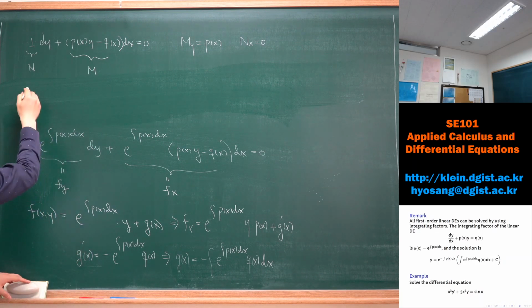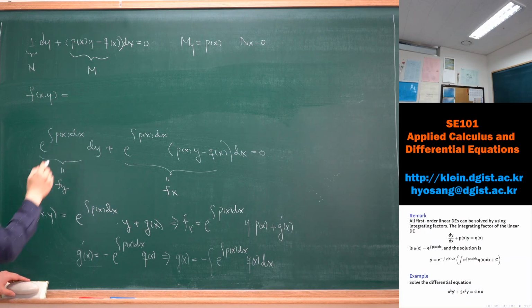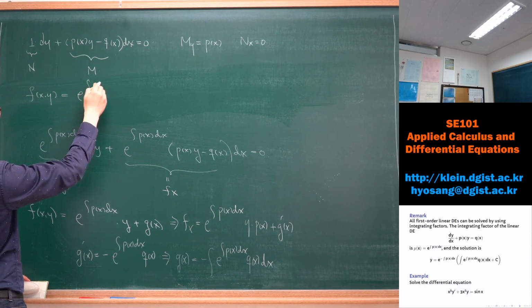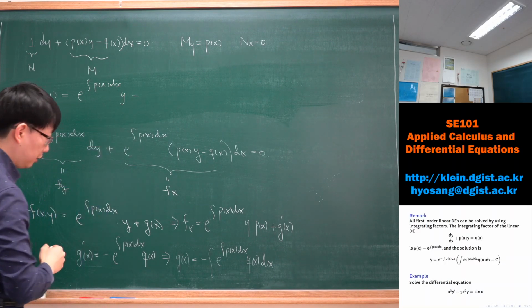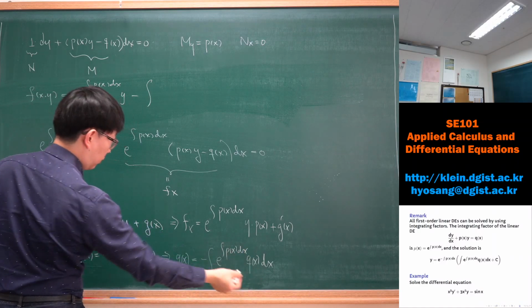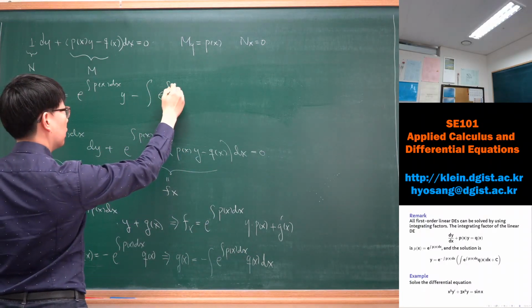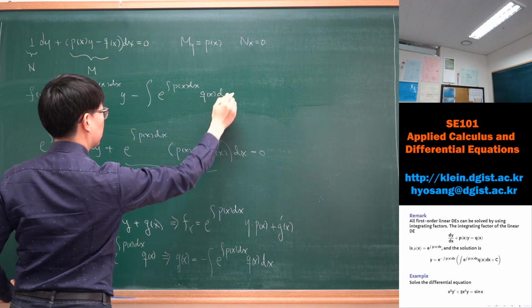My f of x, y must be equal to e to the integral p(x) dx times y minus this g part, the integral of e to the integral p(x) dx times q(x) dx.